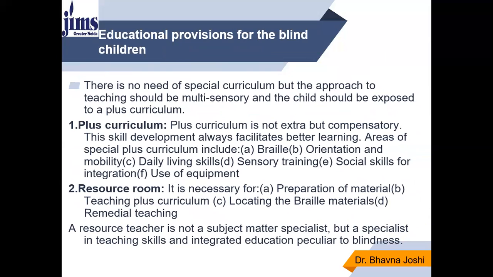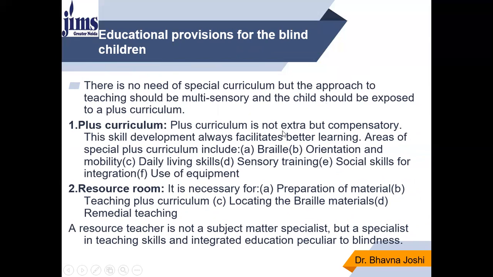Then educational provision for blind children. There is no need for a special curriculum, but basically a multisensory approach is needed for these children. That means using as many senses as possible for teaching them. The child should be exposed to a plus curriculum. What is plus curriculum?